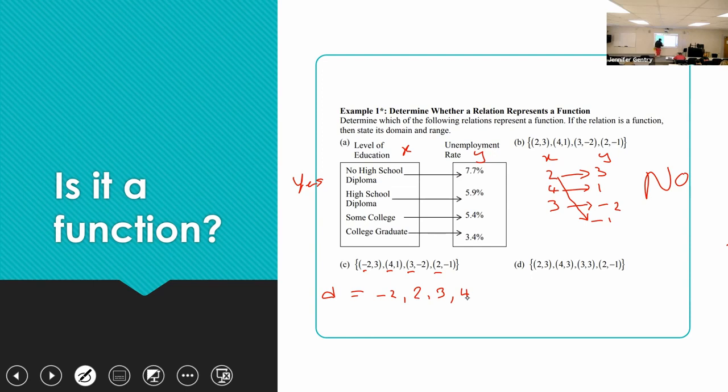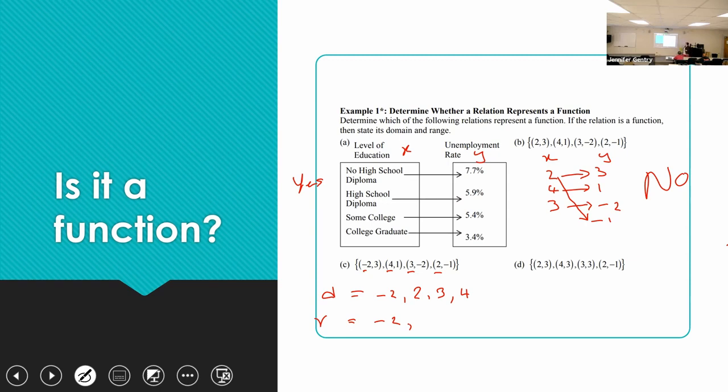What about my range? -2, -1, 1, 3, putting them in order. Okay. The range is just the y's. What y's do you have? Right? Make sense?